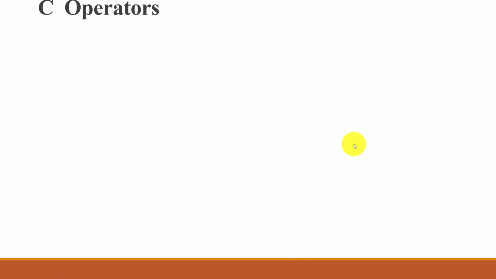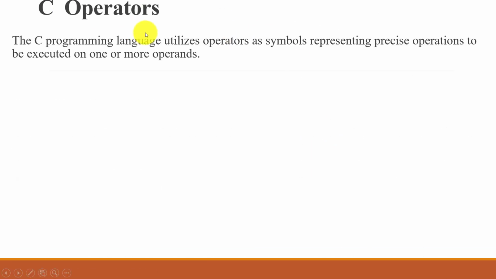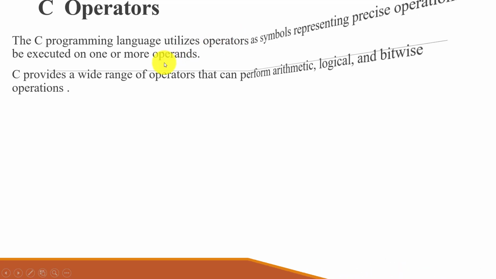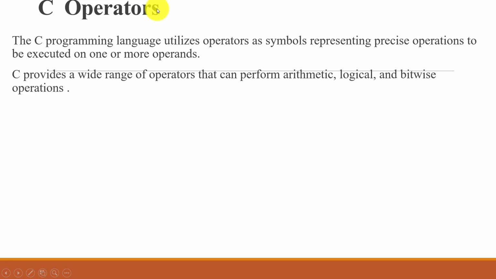Before starting the types of operator, let's first understand what is meant by operator. We know that the C programming language has operators. An operator is simply a symbol which represents the operation to be executed on the operands. Now what is meant by operands? In the last video we discussed in detail what an operator is, what the operands are, and unary, binary and ternary.